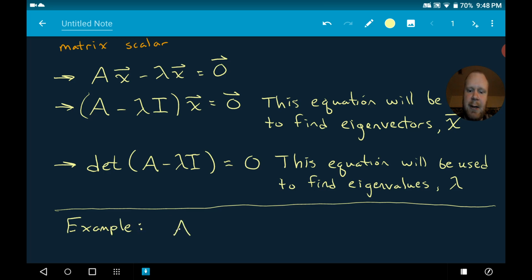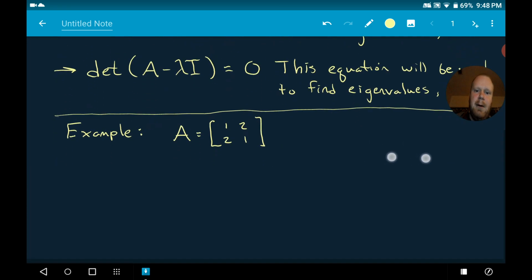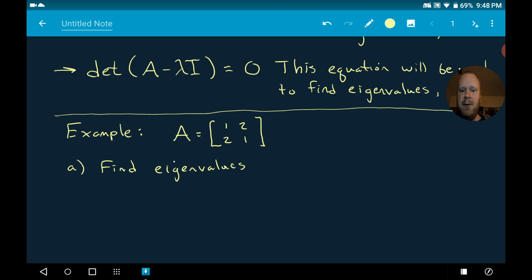So let's say that your matrix A is equal to 1, 2, 2, 1. So first thing we're going to do is to find the eigenvalues for this.